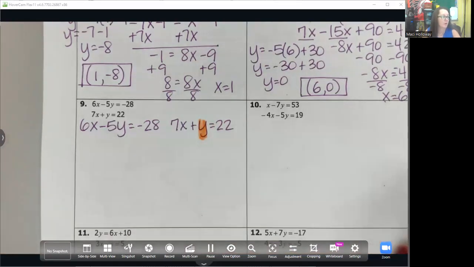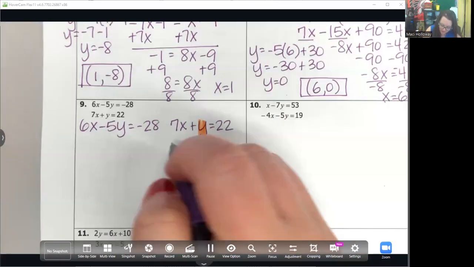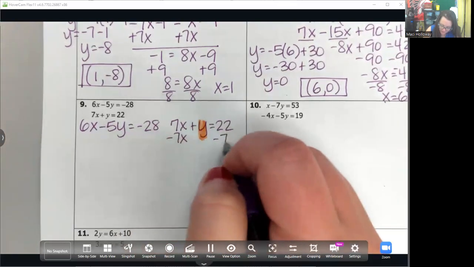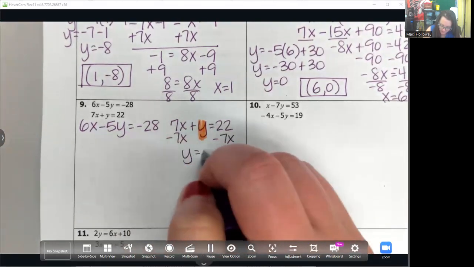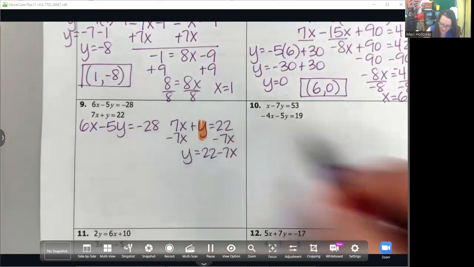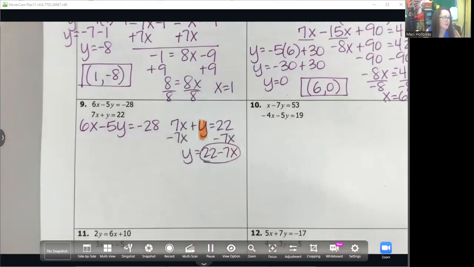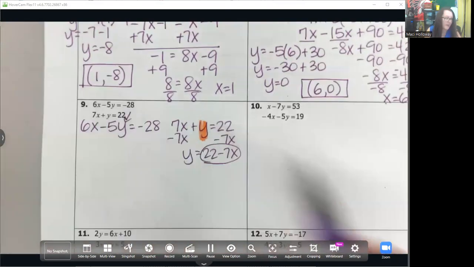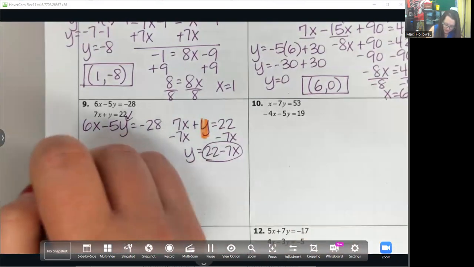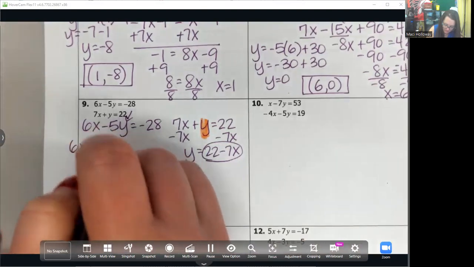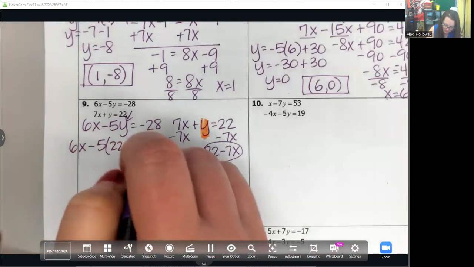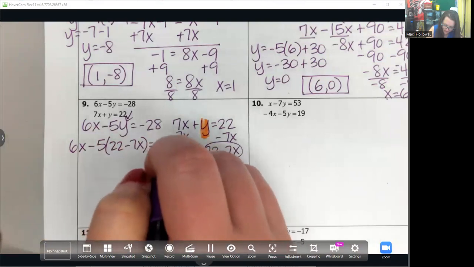So that means I want y on one side, everything else on the other side. I need to get rid of the 7x by subtracting. So we have y equals 22 minus 7x. Now I'm solved. If y equals 22 minus 7x here, then y equals 22 minus 7x here. So we're going to plug in 22 minus 7x instead of y there.